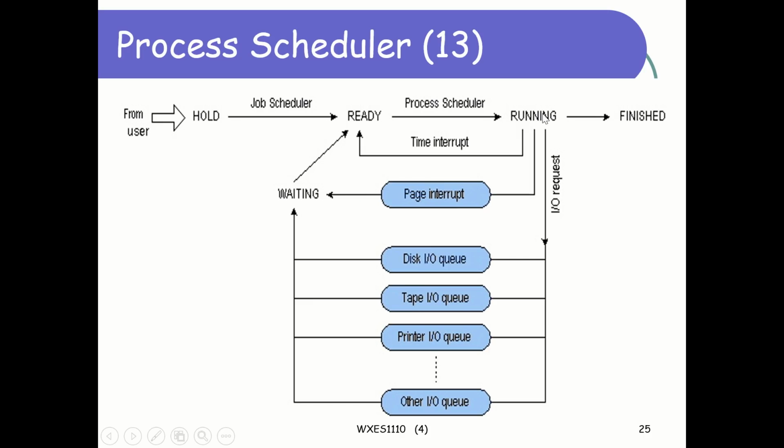In the running process, you have the input output queues, tape input output queue, printer, and so on. These are input output requests or input output devices. So when you run, you put all this in the queue, then you're waiting, then you're ready, and you run again. So the queues are managed in an orderly manner that is determined by the process scheduling policies and algorithms.